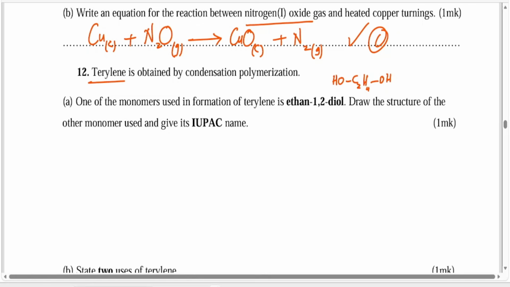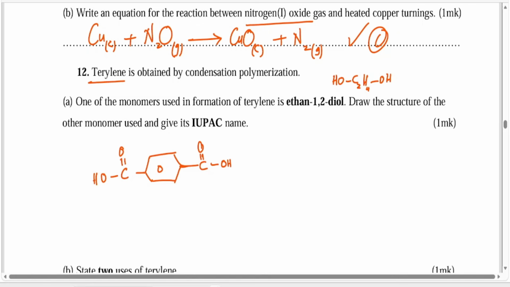the structure, there's always a benzene ring. We have a benzene ring. Then we have one carbon attached to a hydroxyl and an oxygen atom, and the same repeats on the other side, one oxygen and one OH.